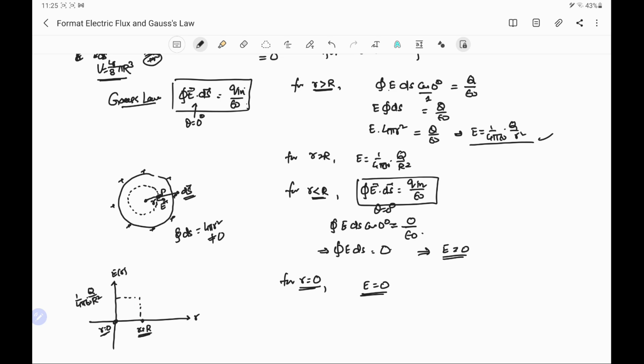This is the maximum electric field, because after that, as the distance increases, the electric field intensity decreases, because there is an inverse relation. Hence the graph: for r equal to 0 up to capital R, the field is 0, then it becomes maximum, and after that it decreases at the rate E proportional to 1 by r square. So this is the E versus r graph.